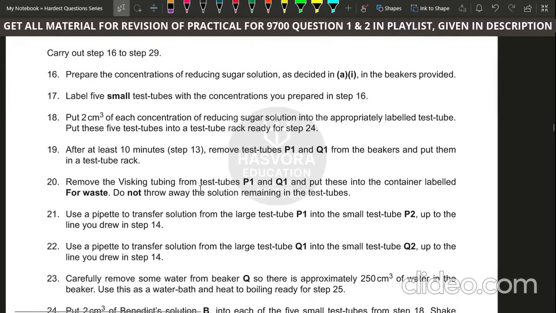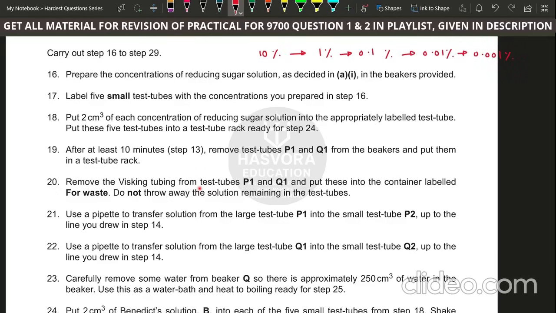Okay, so now the examiner is telling you that you have to carry out steps 16 to 29. So prepare the concentration of the reducing sugar solution as decided. So we have prepared from 10% to then the 1%, okay, and then the 0.1%, then the 0.01%, and then the 0.001%.